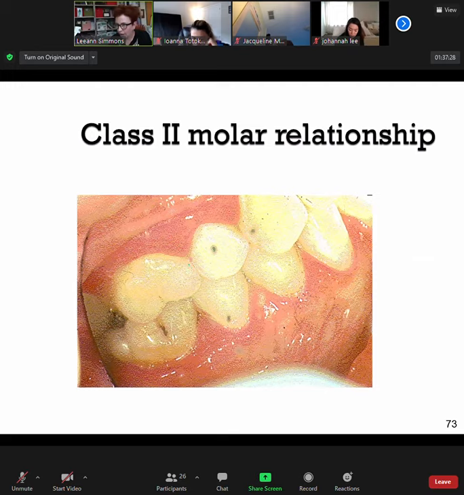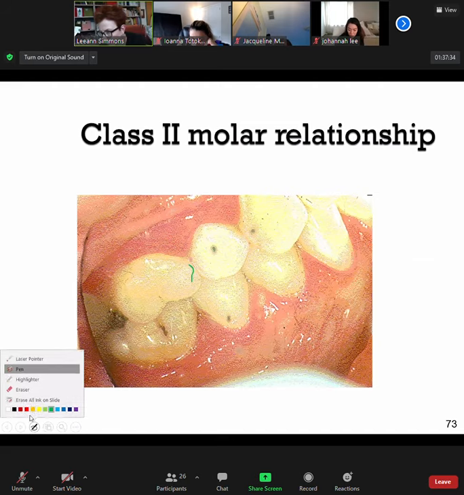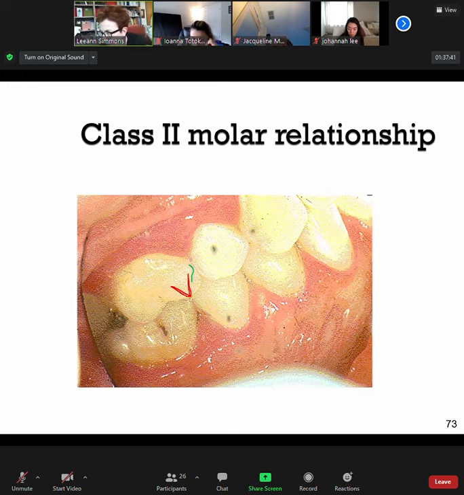This is a rather grainy picture, but this is a class 2 molar relationship, okay? Here's the cusp tip of the maxillary molar. And here is that buccal groove on the mandibular molar. It is so far off, it looks right, doesn't it?